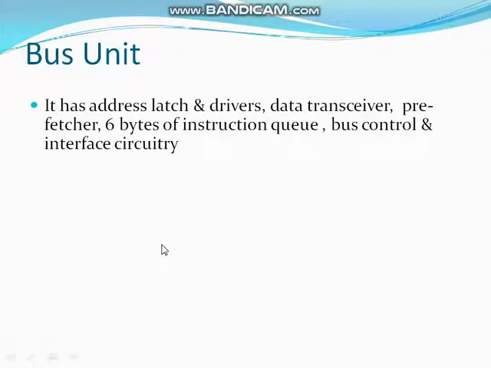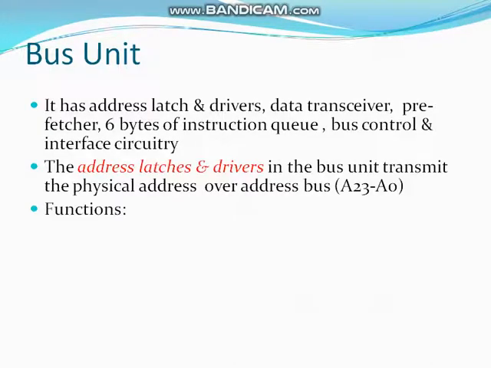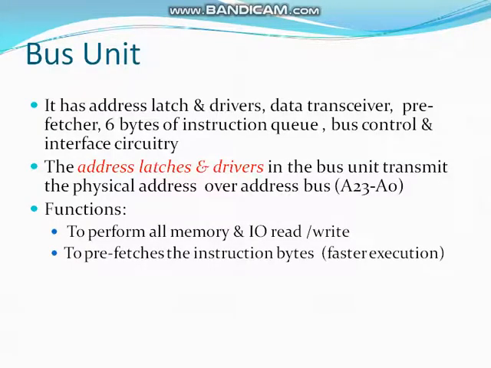The bus execution unit contains the address latch and drivers, data transceivers, prefetchers, 6-byte instruction queues, and some bus control and interface control circuit. The address latch and drivers in the bus unit transmit the physical address over the 24 bits of the address bus.